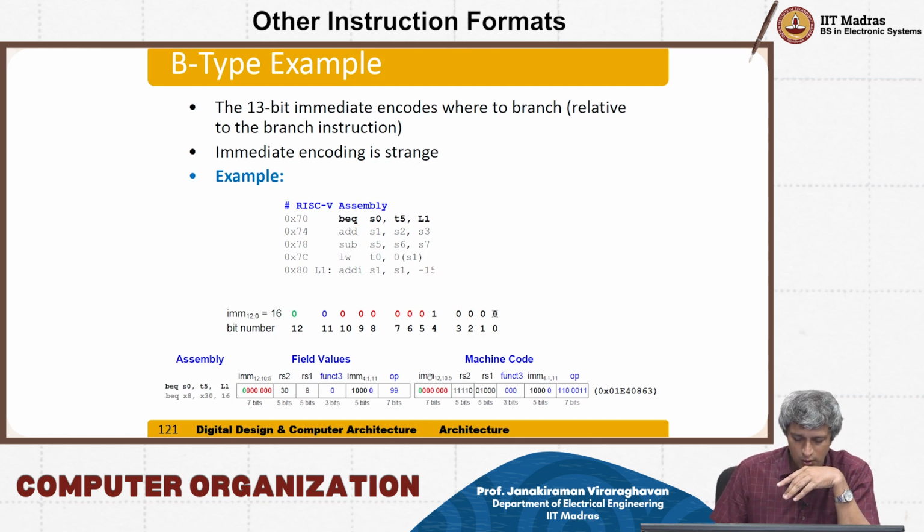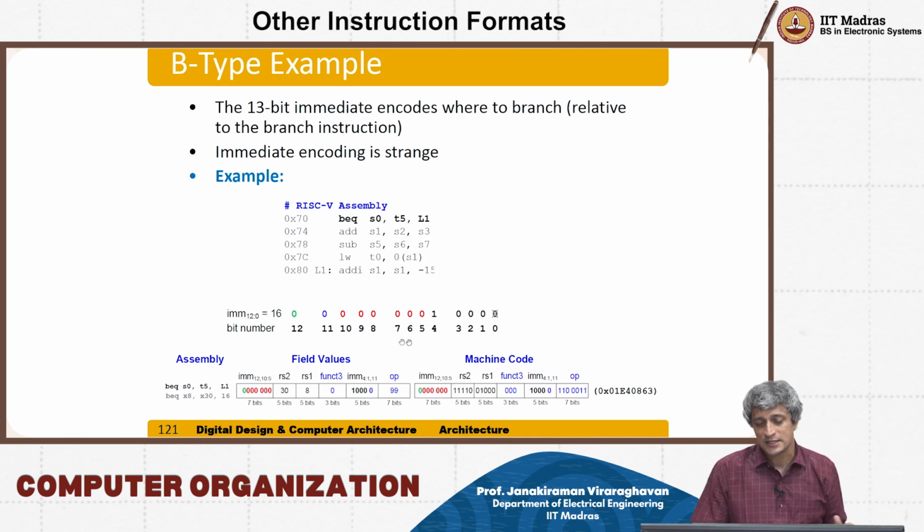The opcode is 99 obviously. And then the immediate data is split across these 2 fields in this very weird manner. It's a 13-bit immediate. The first one looks like it's always 0, and then you have bits 1 to 12 which are encoded as shown, color coded here.